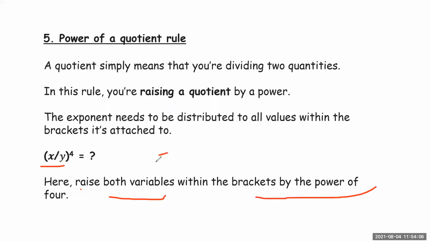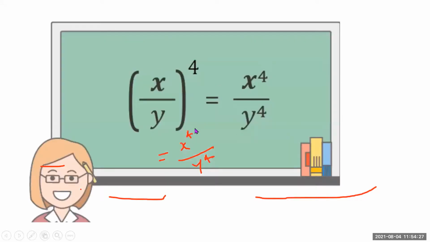That means this becomes x power 4 divided by y power 4. That is the power of a quotient rule. So (x/y) to the power 4 will be equal to x power 4 divided by y power 4. That means you distribute this power to each element of the base as it is.